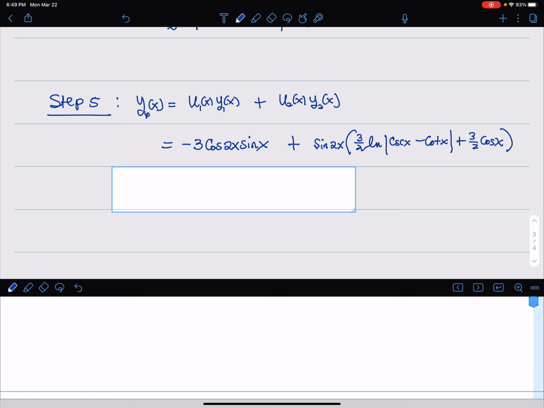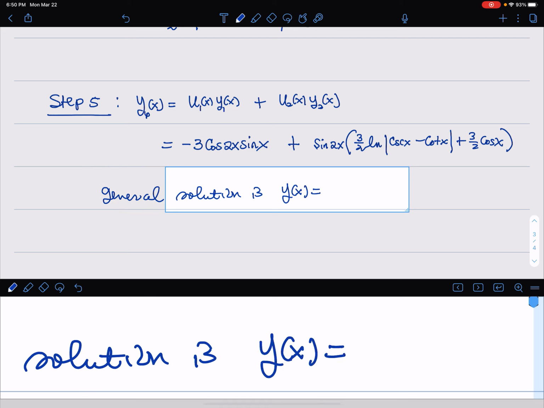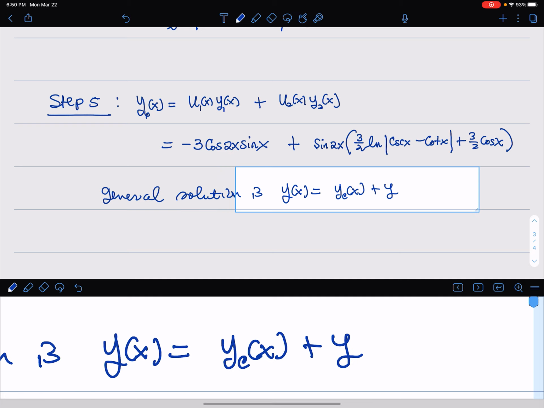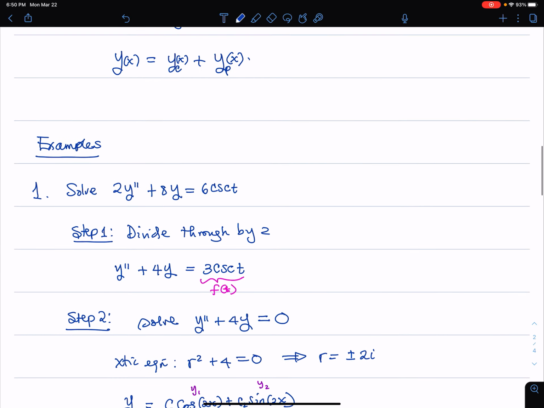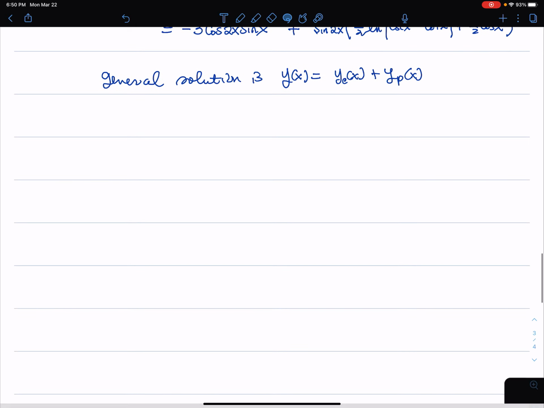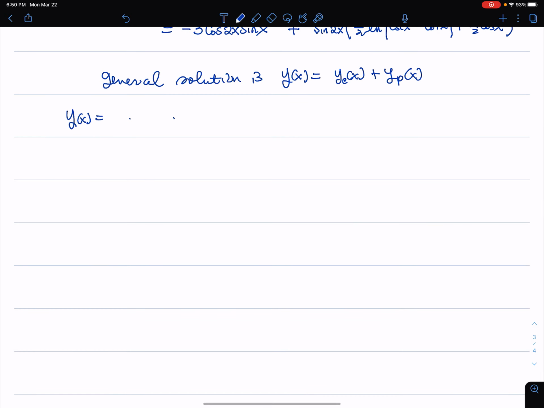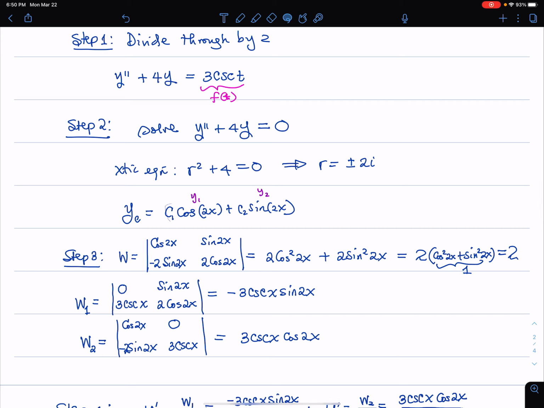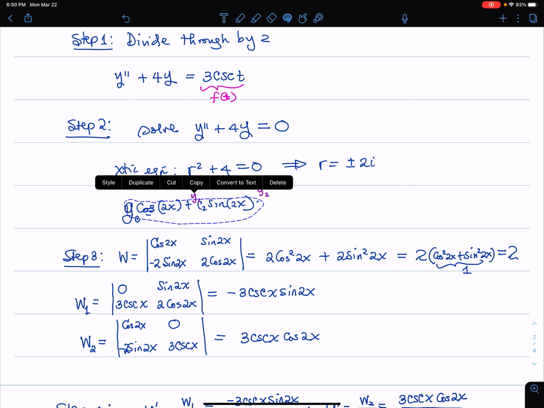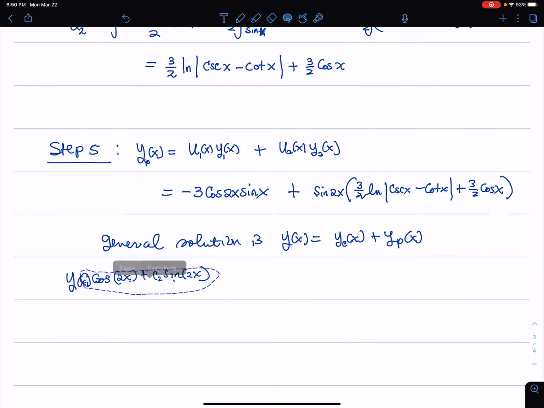So the general solution is y of x equals yc of x plus yp of x. So yc of x is this. Copy it, and paste.